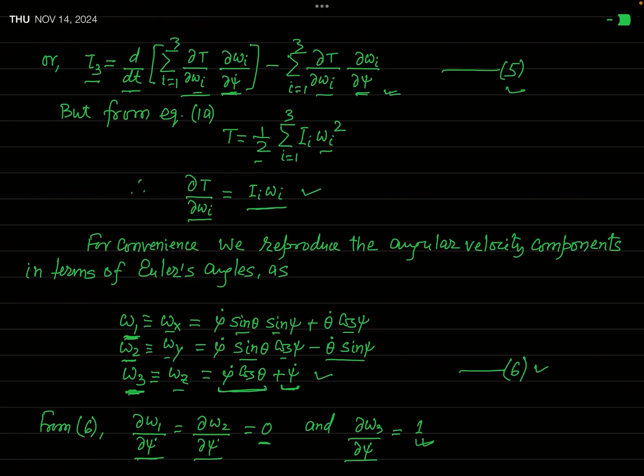See the expression. When you differentiate omega 1 with respect to psi partially, what will be the result? Here phi dot sine theta will be treated as a constant factor, and the derivative of sine psi with respect to psi will be cos psi. And for cos psi, this will be minus sine psi.